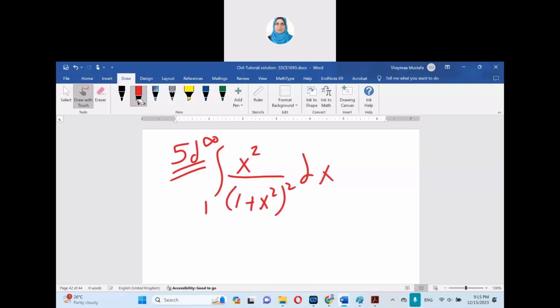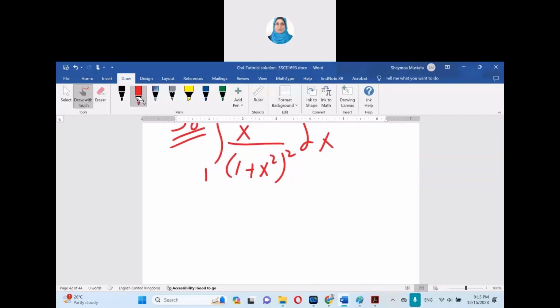Here you can use integration by parts. But because we have an improper integral, you have to use a limit. So this is the limit as t goes to infinity, from 1 to t. Replace infinity by t and take the limit.